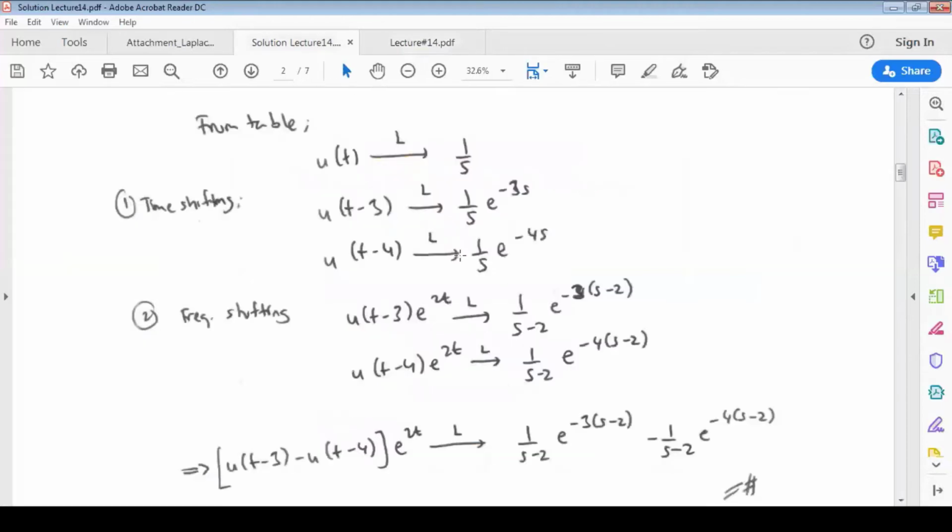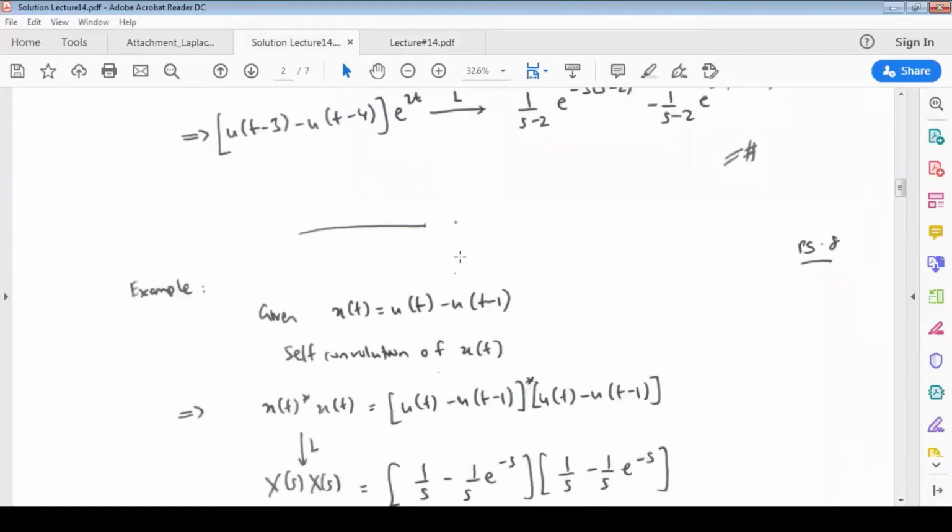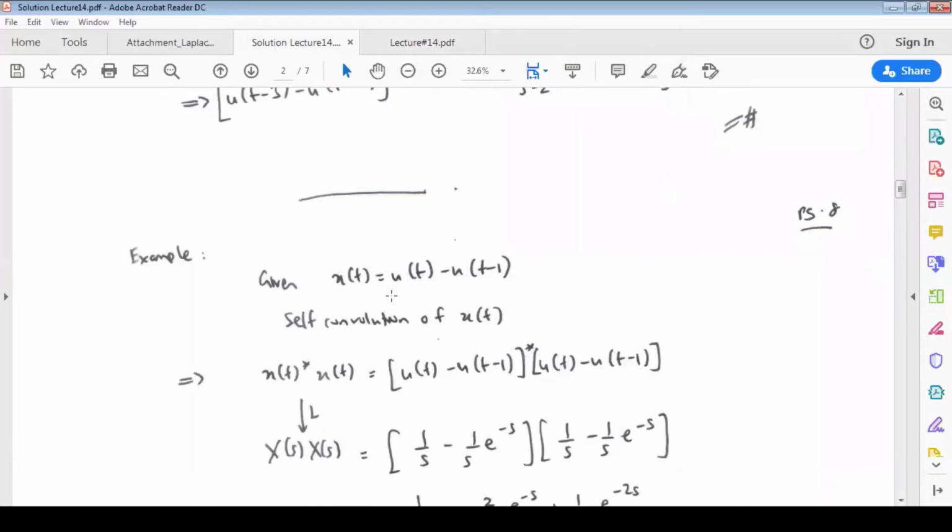Self-convolution means x(t) convolved with x(t), which is u(t-1) convolved with u(t-1). What we have to do now is transform this into a Laplace transform.